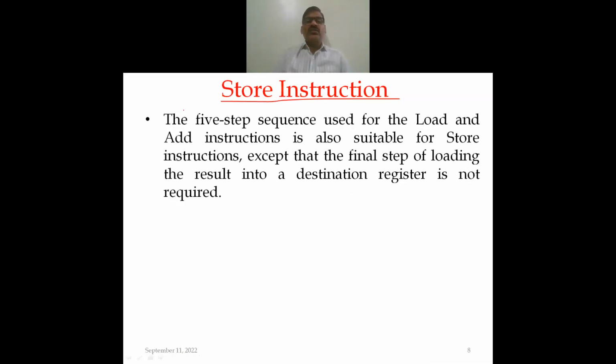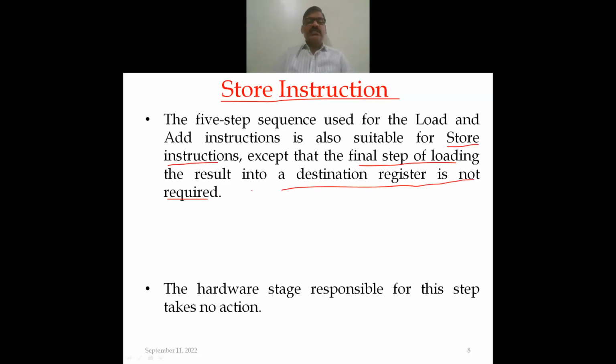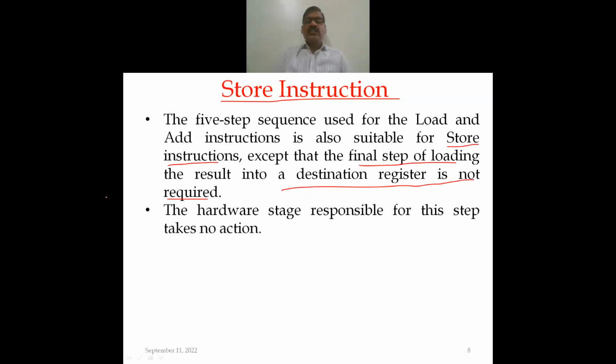The 5-step sequence used for the load and add instructions is also suitable for store instruction execution, except that the final step of loading the result into a destination register is not required. So we are just changing that final step. The hardware stage which is responsible for this step takes no action.